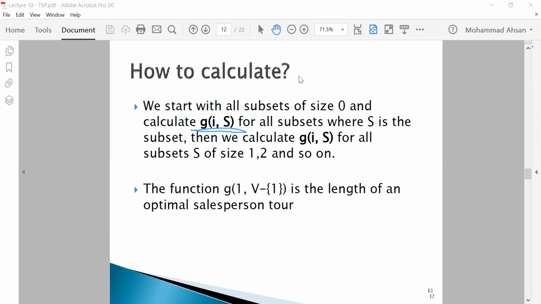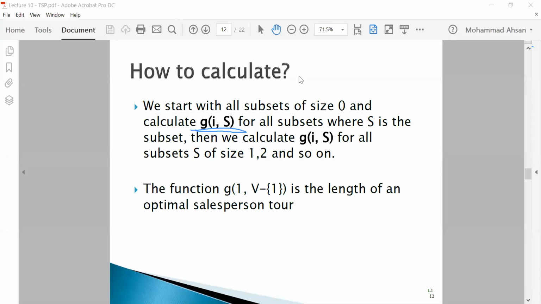And that we do by starting at a subset of intermediate vertices of size 0. Then we say, okay, if there is one intermediate vertex, how would my tour vary? So we'll get back to the problem.